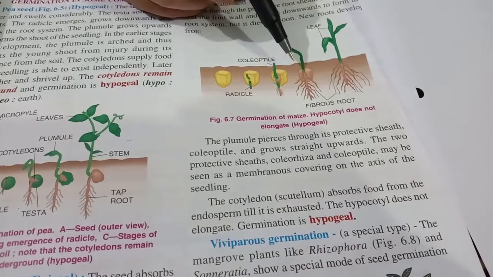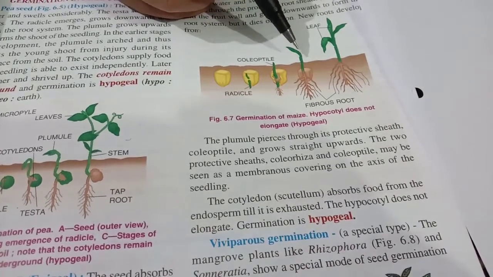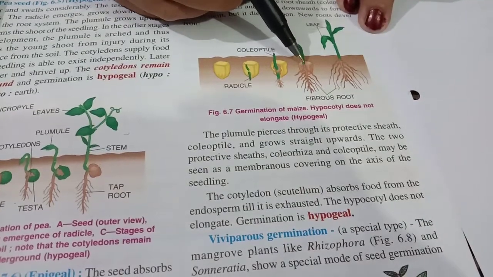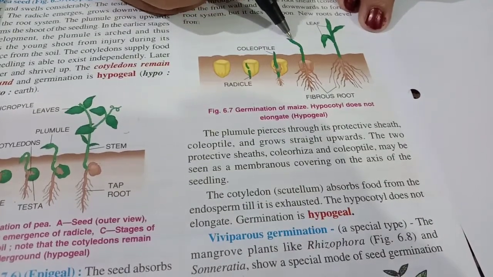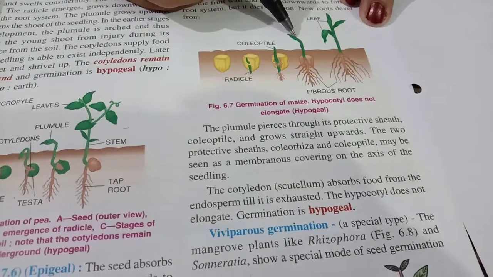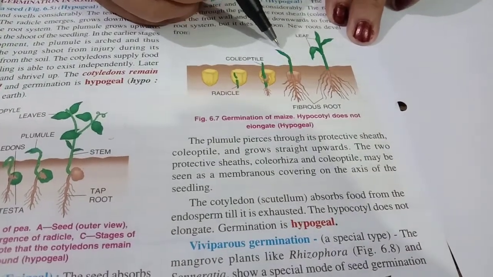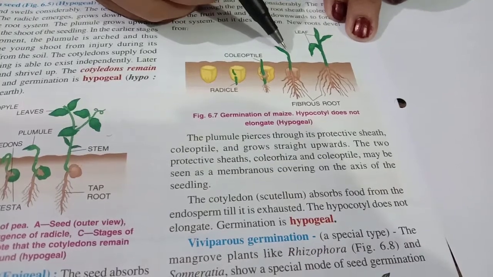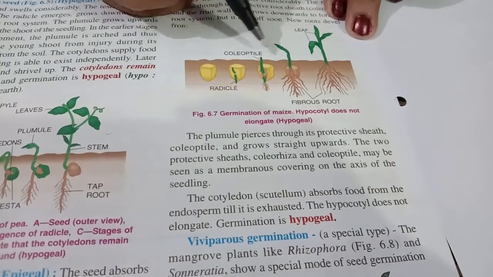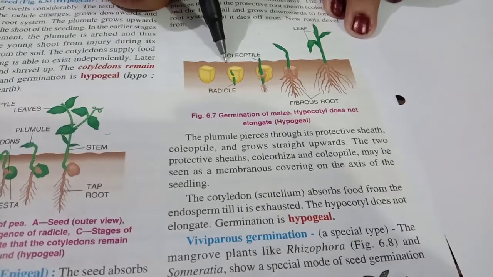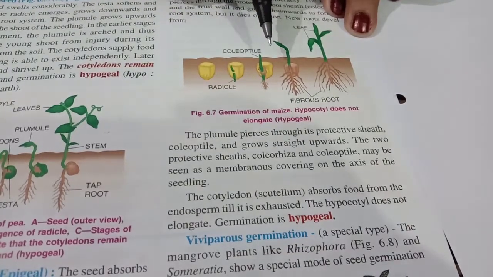While the coleoptile, the sheath covering the plumule, will pierce through and grow above the surface of the soil, forming the young shoot or the young plant. Clear? So this also is a type of, what type of germination? That is hypogeal germination. Clear?